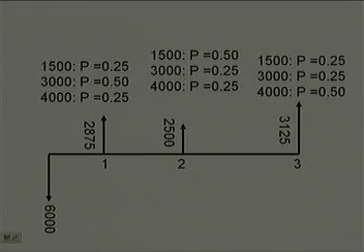Now, once I have got the expected values with me at different points of time, I can calculate the net present value. Now, one more assumption I am making here. What is that? I am assuming that my return at the end of year 1 and my return at the end of year 2 are not at all related.